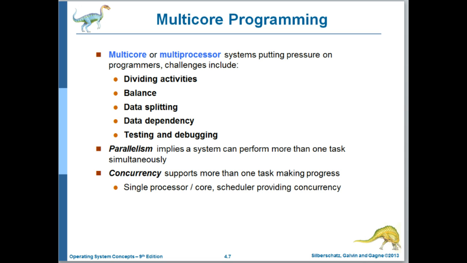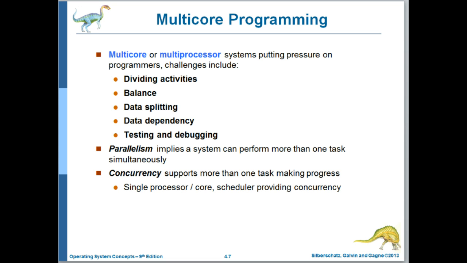Here you see the definitions of parallelism and concurrency. Just thinking about CPU cycles, parallelism is only achieved in a system with multiple CPUs, which implies that more than one task can actually be executing simultaneously. Concurrency is the notion that more than one task can make progress.